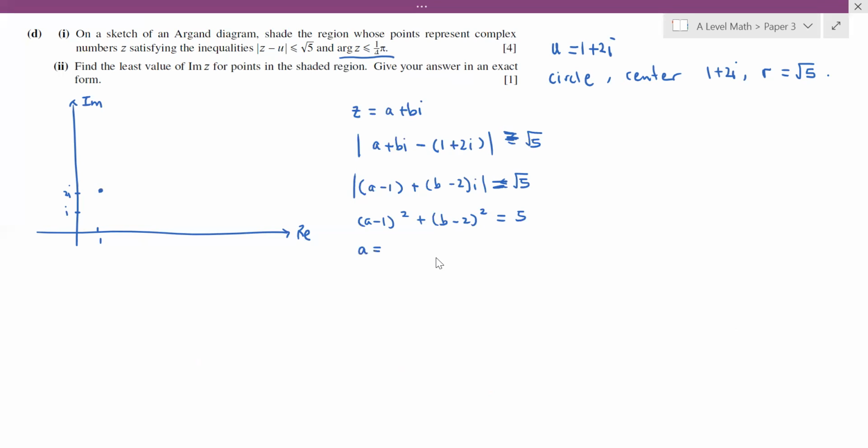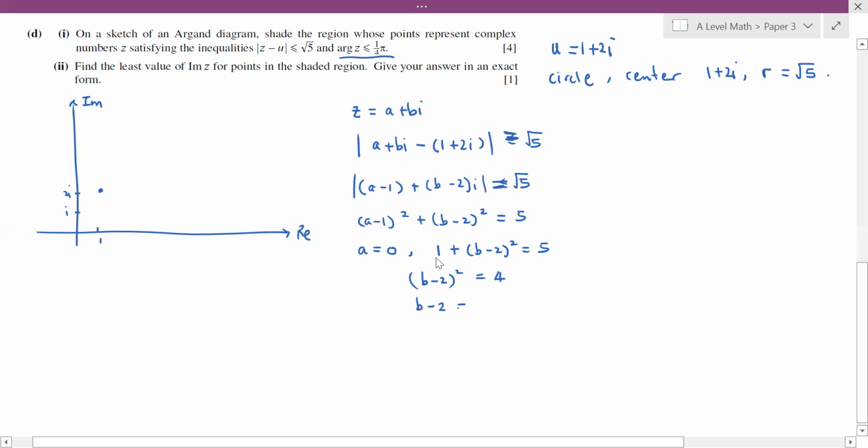When a is 0, meaning that we are looking at the real part being 0, if you replace a with 0, you have the square of minus 1, that is 1, plus (b minus 2) squared equals 5, so that (b minus 2) squared is 4, and b minus 2 is plus or minus 2.